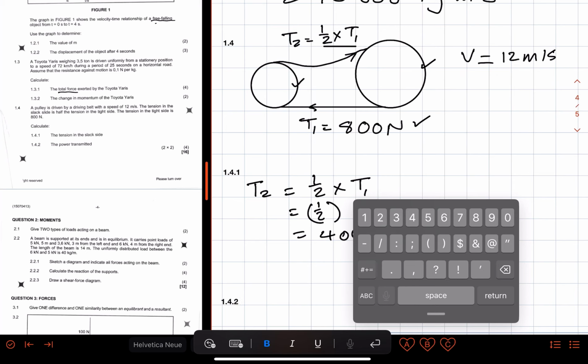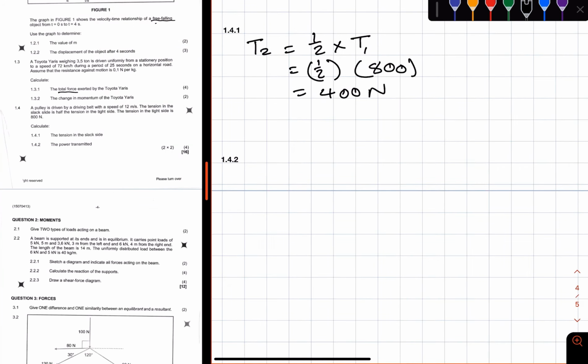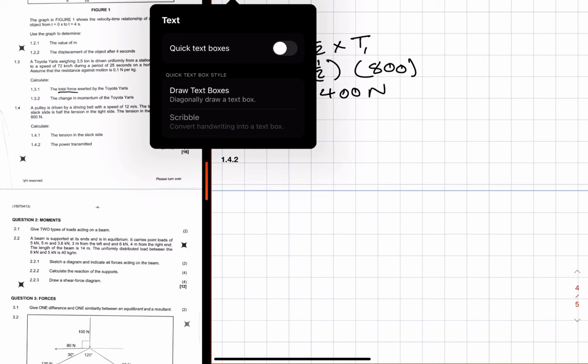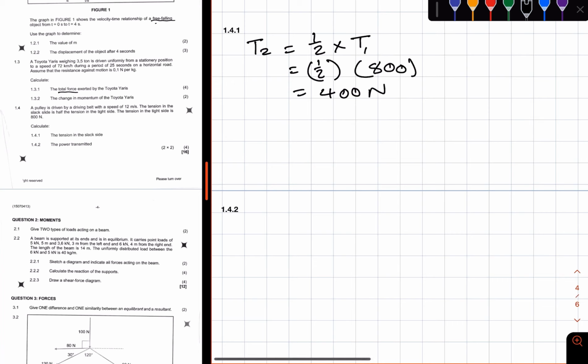And then 1.4.2, calculate the power transmitted.